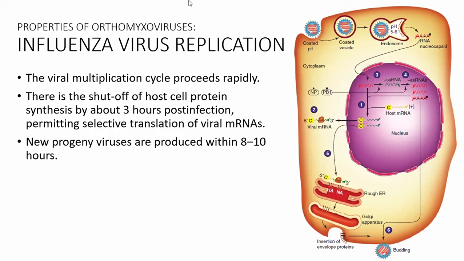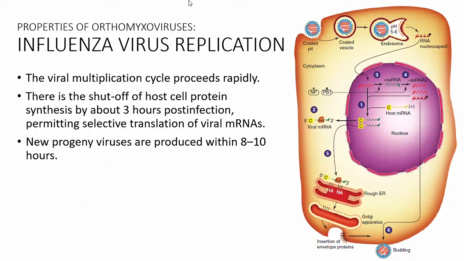So what happens here is, after the virus is endocytosed, the viral ribonucleoprotein complexes are released into the cytoplasm and then transported to the nucleus. In the nucleus, the replication and transcription will take place. mRNAs are then exported to the cytoplasm for translation.